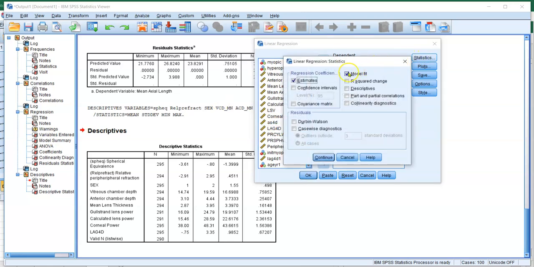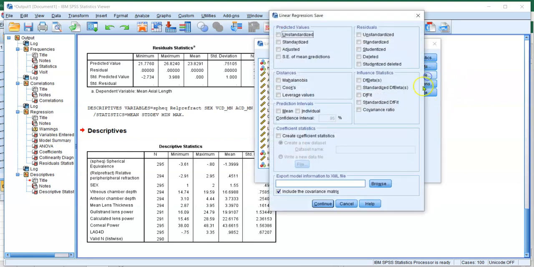Our statistics, we want collinearity, and we want to save the residuals. So unstandardized residuals are, you predict a value, use your regression equation, you plug in the values you have, you make a prediction, and then for the actual value, its deviation is the unstandardized residual. And so for each record, we're going to get the unstandardized residuals.